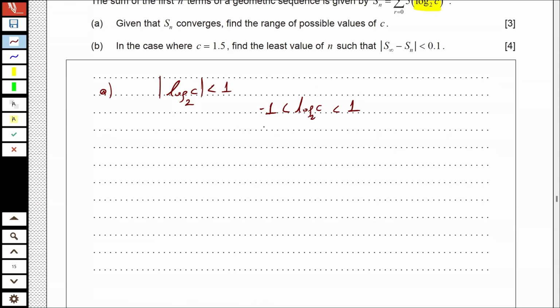In other words, we can write both sides with base 2. At the right side, you can write log base 2 of 2 instead of 1. At the left side, you can write log base 2 of 1 over 2 instead of minus 1. From here, you can write C between 1 over 2 and 2.